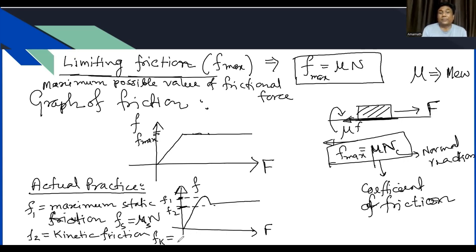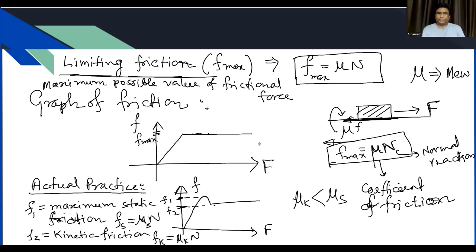For Fk it will be mu k into N. The mu k value is a little bit less than mu s in general. But if in the question they have not mentioned mu k and mu s, it means we will assume both are the same, and then the graph will be like this. There will be no kink at the top, simply like that.